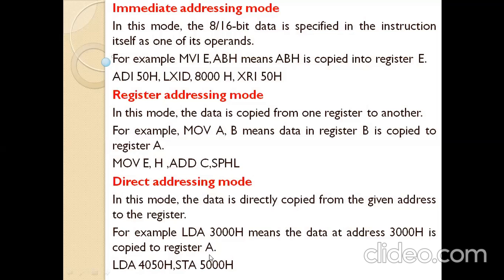Here I am going to store data from register to memory. So the memory address is directly given. LDA 3000 means memory to register data transfer. Here the memory address is directly given. So it is called direct addressing mode.